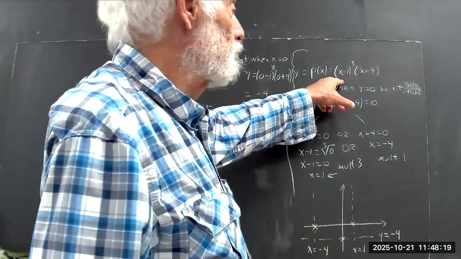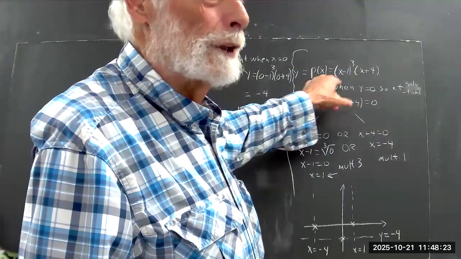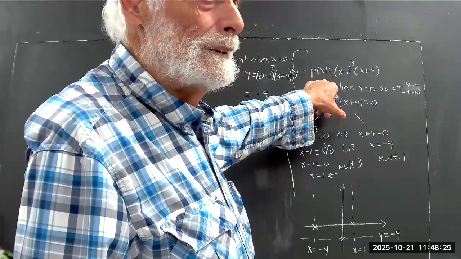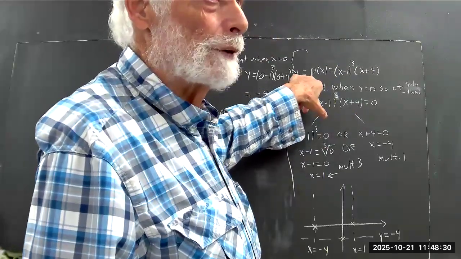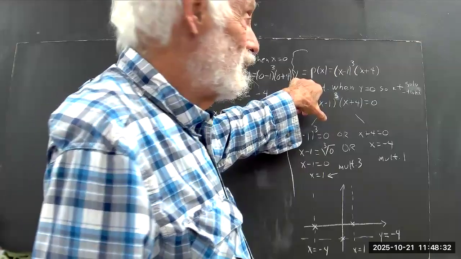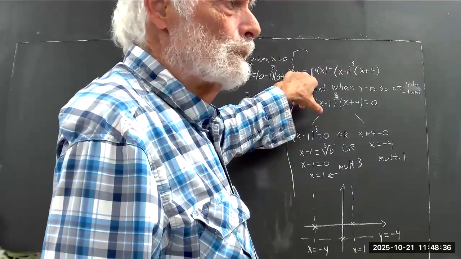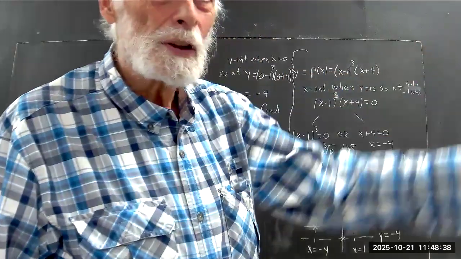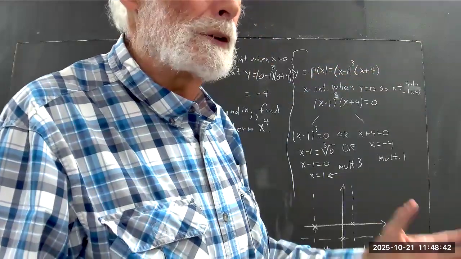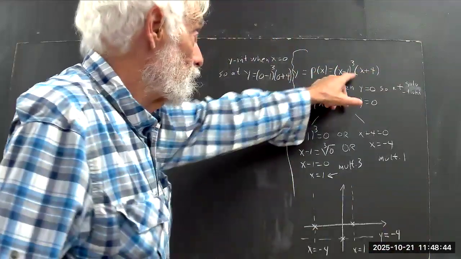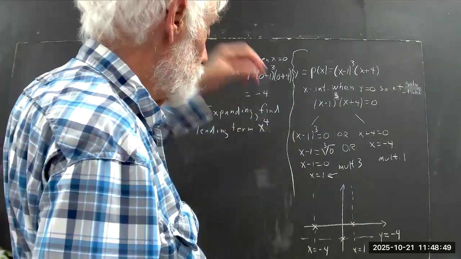When you expand this is cubed, you multiply x minus 1 times x minus 1, you're going to get an x minus 1 squared. And multiply that by an x minus 1, well, you multiply that x squared by another x. And then multiply by x plus 4, you got an x cubed now. You're going to multiply that by this x, and you're going to get an x to the 4th. Now, you should be able to expand that by the distributive law, but that's what you get. And you confirm that the leading term is x to the 4th.